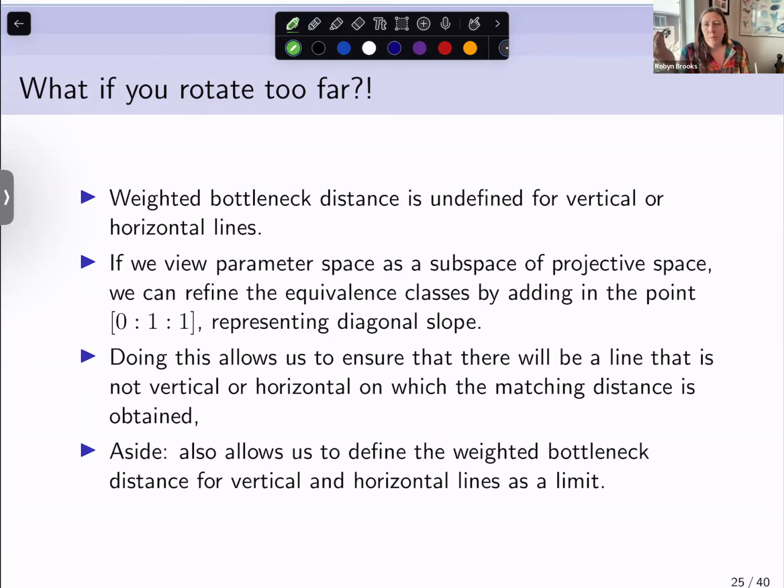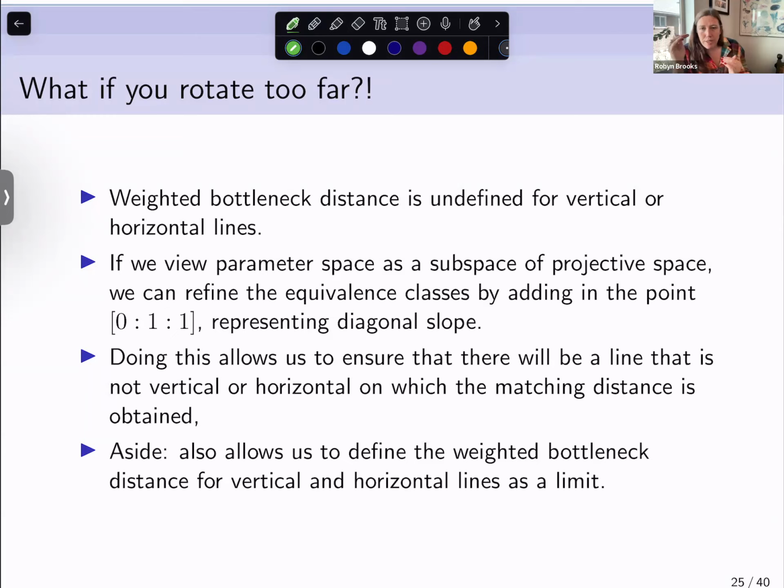But if I rotate a line with positive slope, it is possible for me to eventually get to a line that does not have positive slope, right? And if I do so, I'm going to have to either get to a vertical or a horizontal line. And the issue here is that the weighted bottleneck distance is not defined for these. So if I truly want to follow this pattern of translation and rotation, I can't get to a place that's bad, right, where I'm undefined.